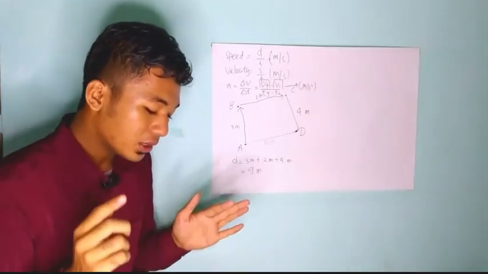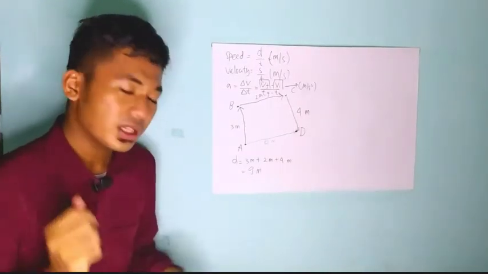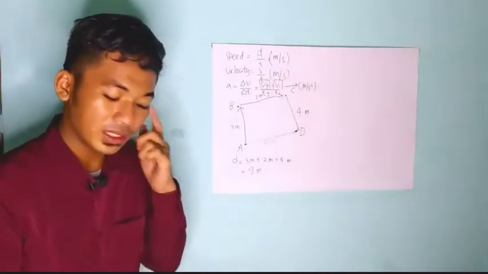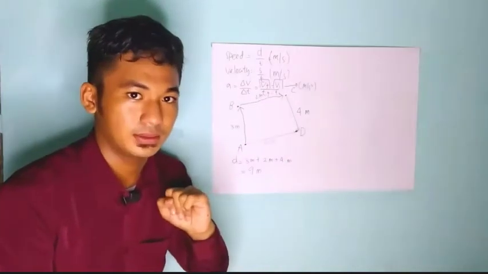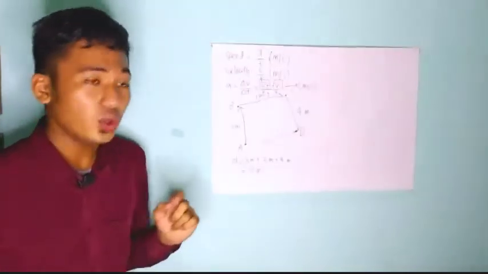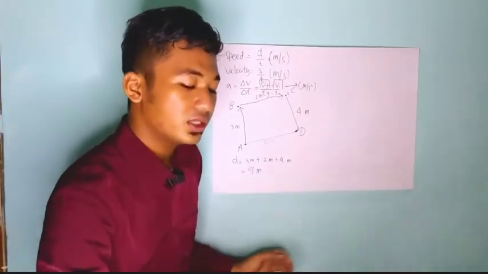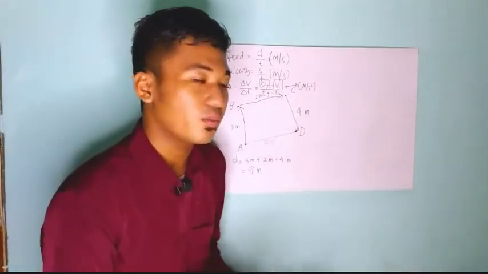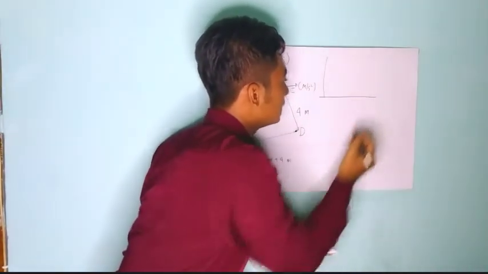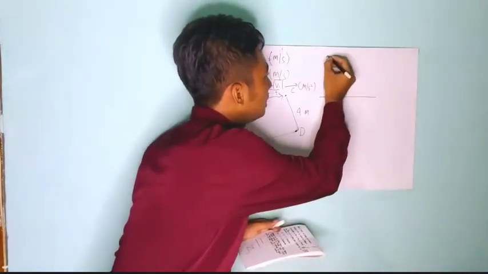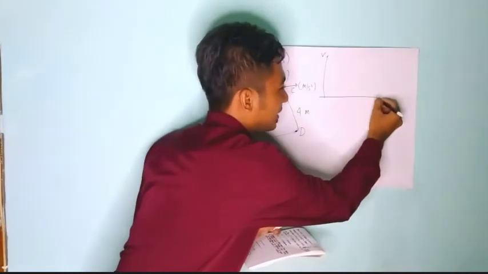You can call it uniform linear motion if someone travels in a straight line and the velocity is constant. Let me show you the graph of uniform linear motion. It is velocity and time.